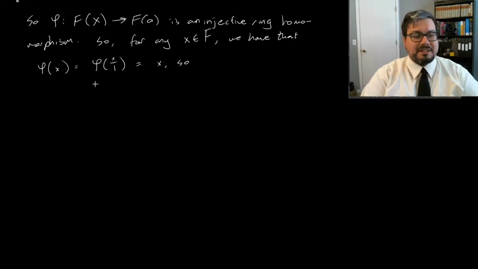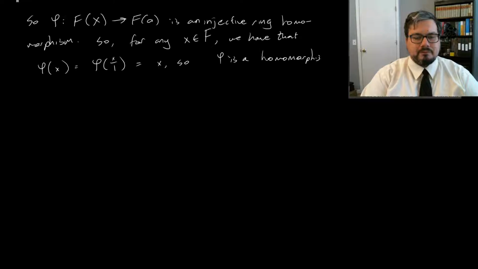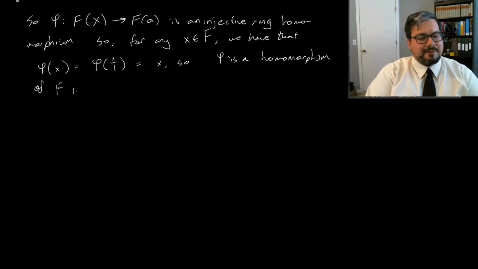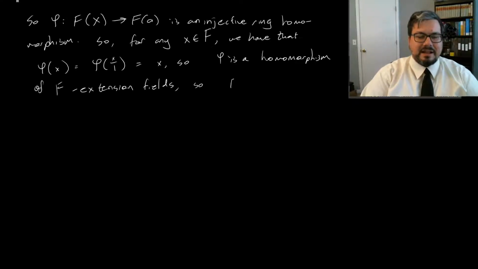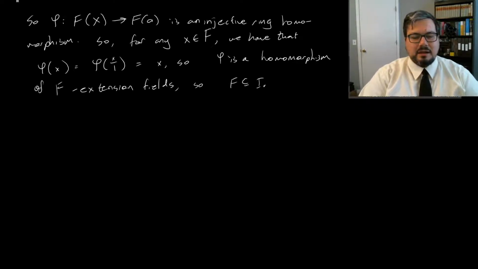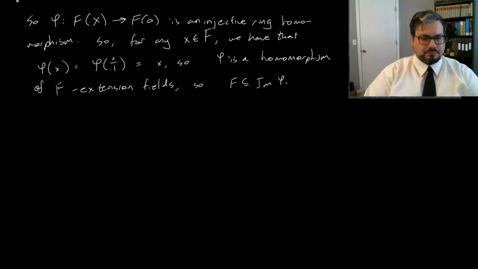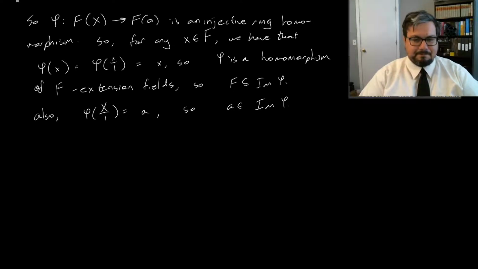So in particular, this means that phi is a homomorphism of F extension fields. And in particular, this means that F is a subset of the image of phi. Also, we have that phi of capital X over 1 is equal to a, so a is also in the image of phi.